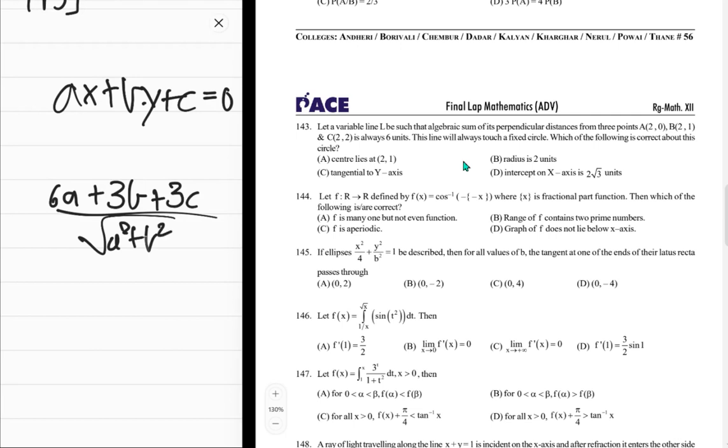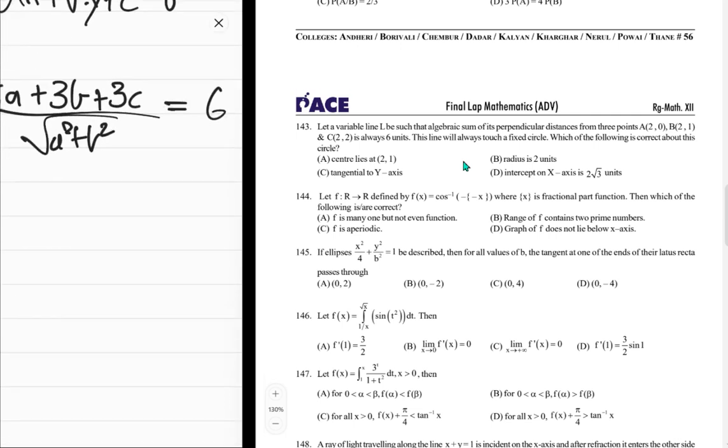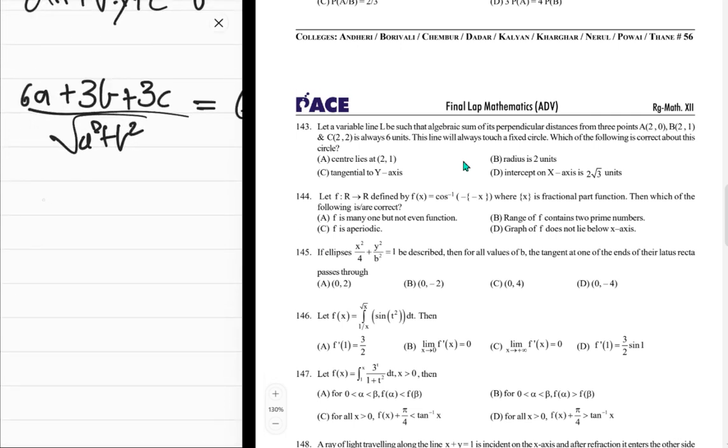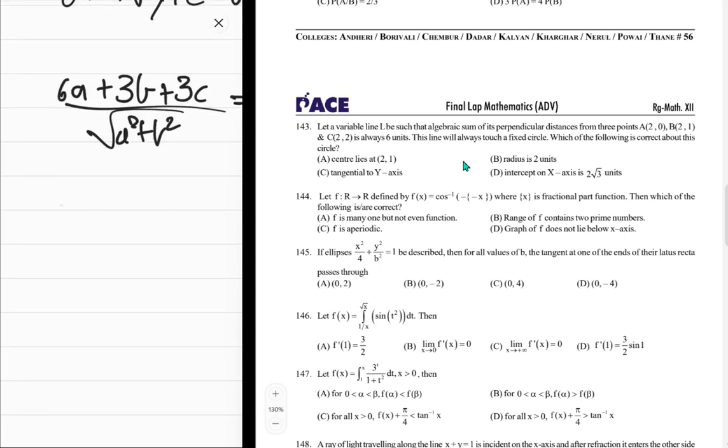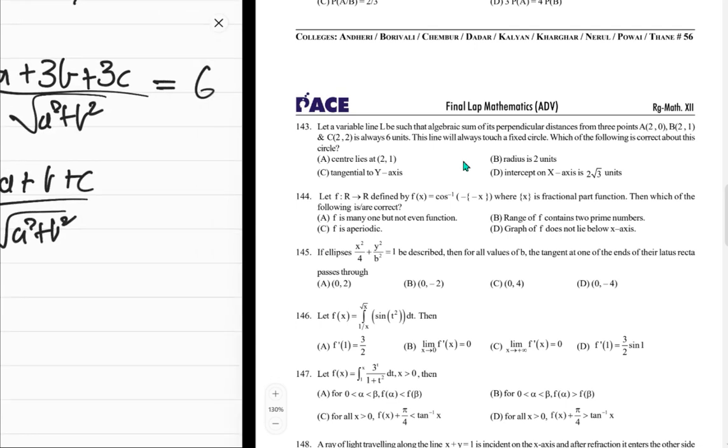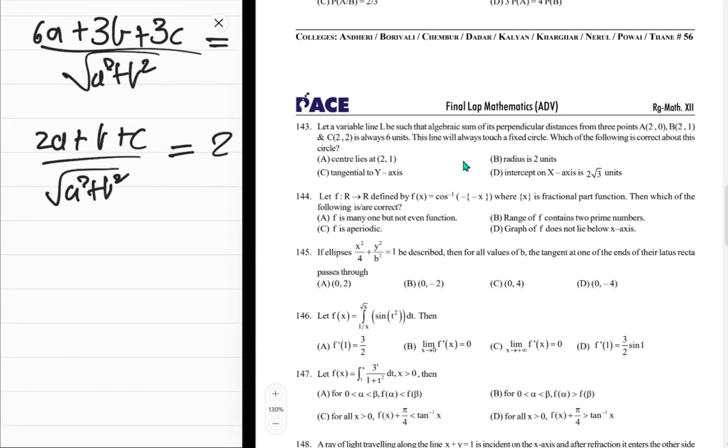This is actually the perpendicular distance, right? This is equal to 6. So this means 2a plus b plus c upon square root of a square plus b square is 2. Nice, done basically.